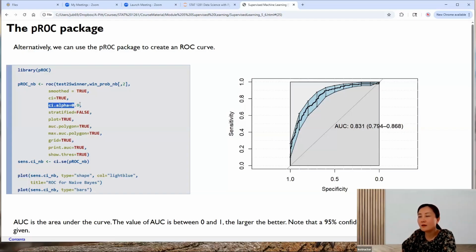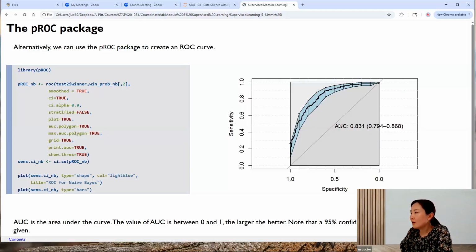For example, CI, confidence interval alpha. Okay, this is actually a 90% interval. And also stratified and plot. So you can play with these hyperparameters in the function anyway, and then calculate the standard error and plot the result.